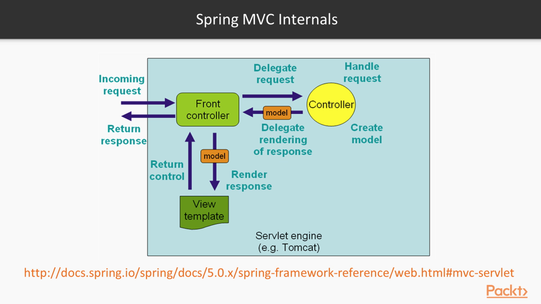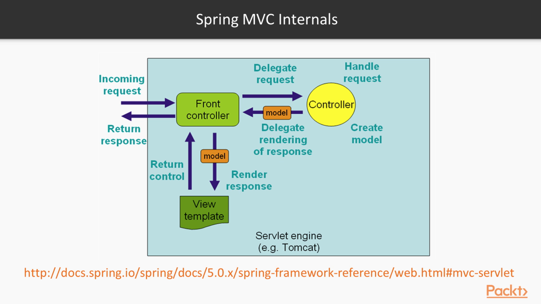Then the controller handles the request and creates a model and then delegates rendering of this model as part of the response to the dispatcher servlet, or front controller in our case.